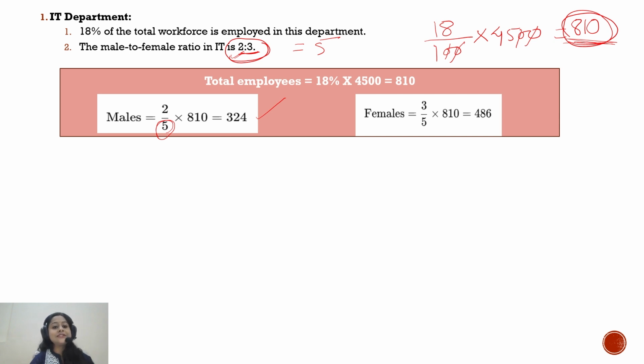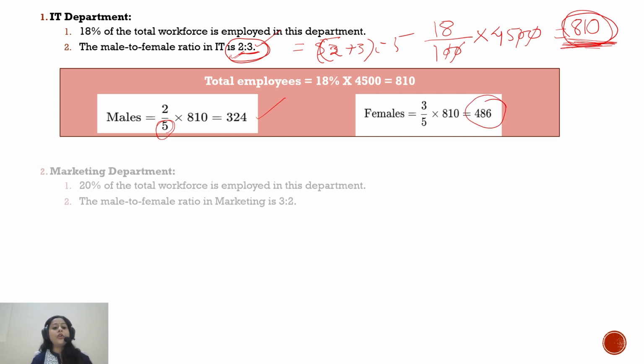And since the second term, 3, is related to female, it is 3 by 5, where the sum of the ratio is 2 plus 3 equals 5, into 810, the total workforce, which will give you the number of females, right?